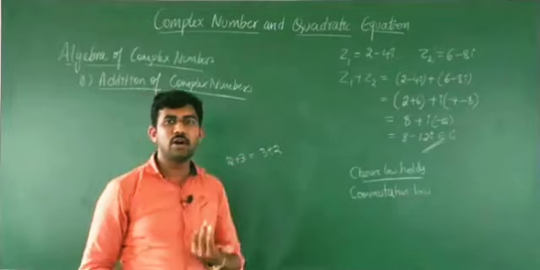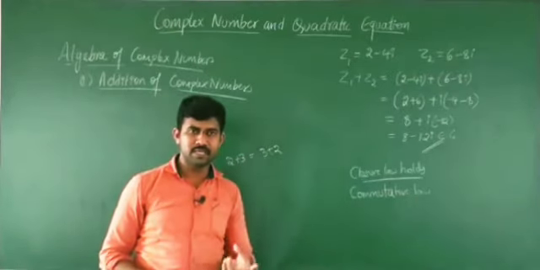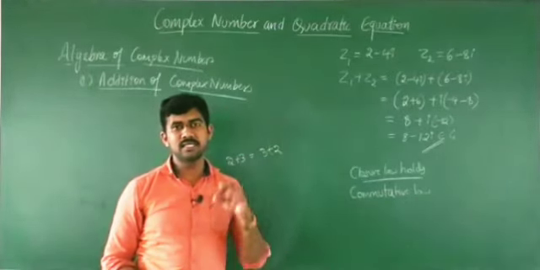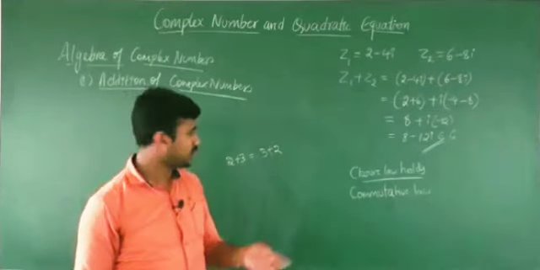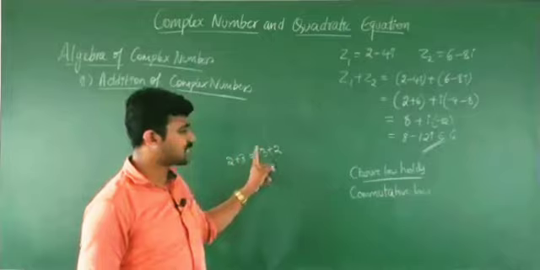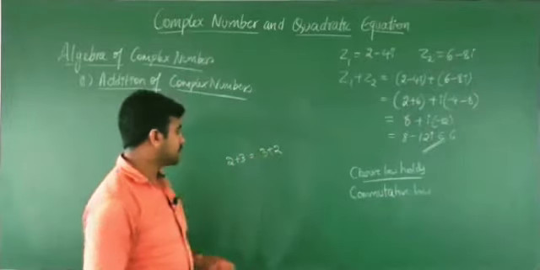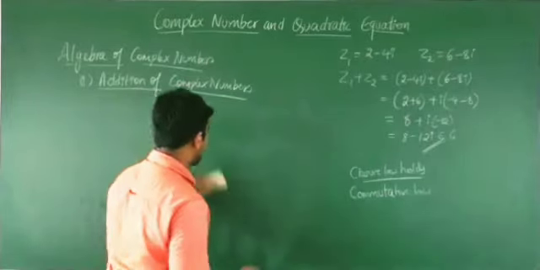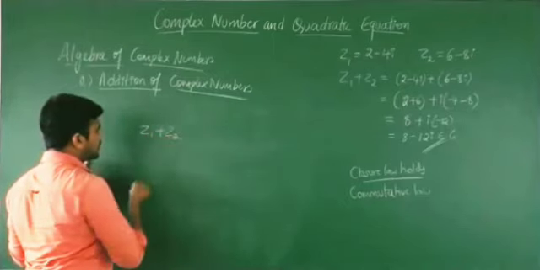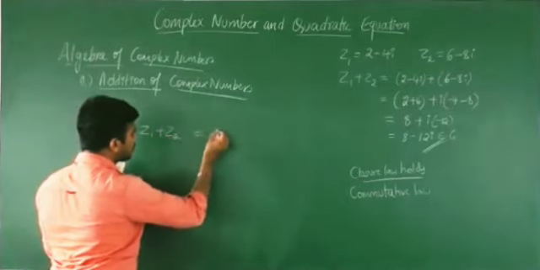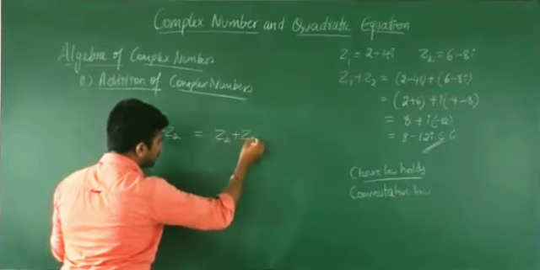If you reverse the order of the numbers, a plus b is the same as b plus a. In the real number system, the numbers are clearly commutative. But in complex numbers, whether they are commutative, see: whether Z1 plus Z2 is equal to Z2 plus Z1.